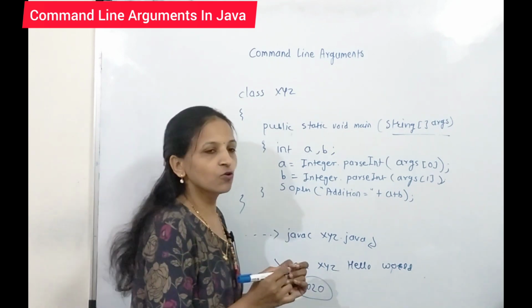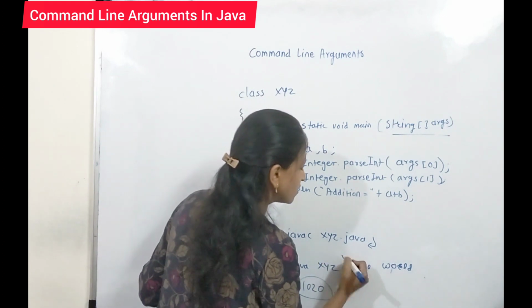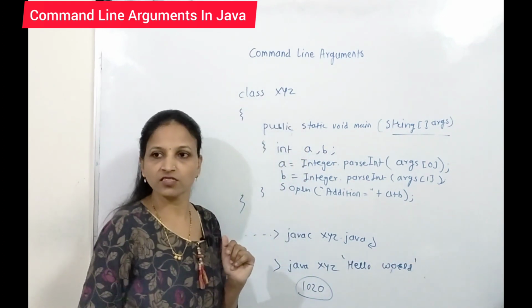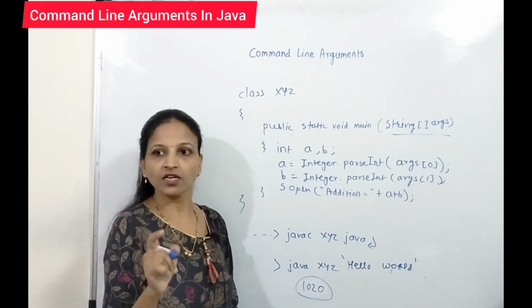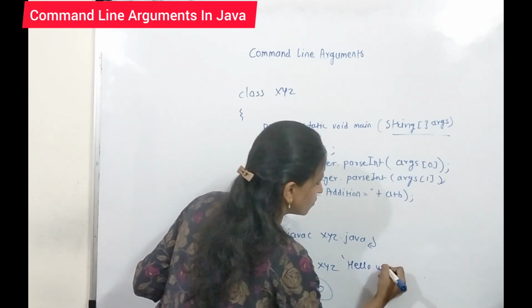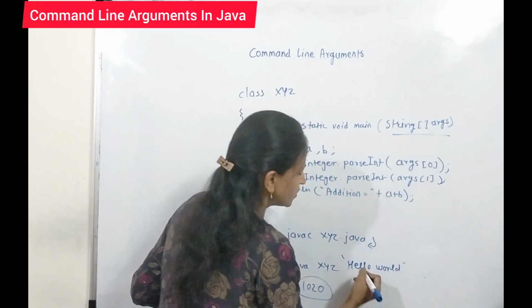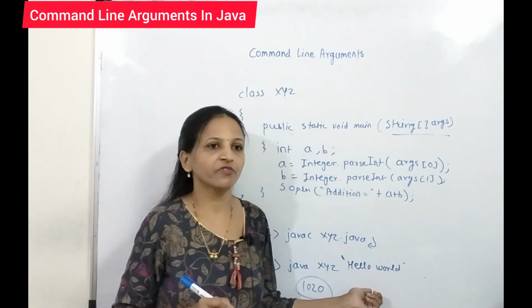Using single quotes or double quotes you can pass command line arguments. If you are using it in this way, then this will be considered as one command line argument. Getting? Now next one I can pass like this. See, here I am writing hello world. This is the first argument. Single quote or double quote, you can use anything, but normally we prefer double quotes.